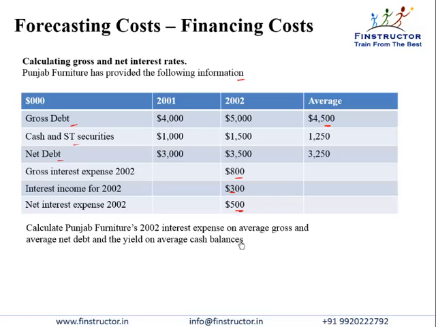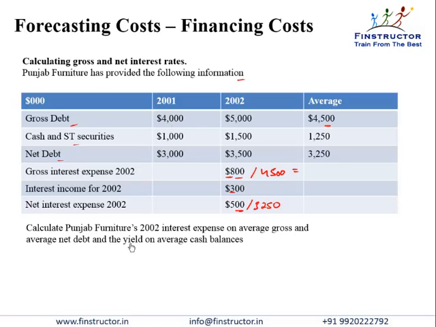So the interest expense on average gross debt will be calculated as the gross interest expense divided by the average gross debt, that is 4,500. The interest expense on average net debt will be calculated as the net interest expense divided by the average net debt, that is 3,250.